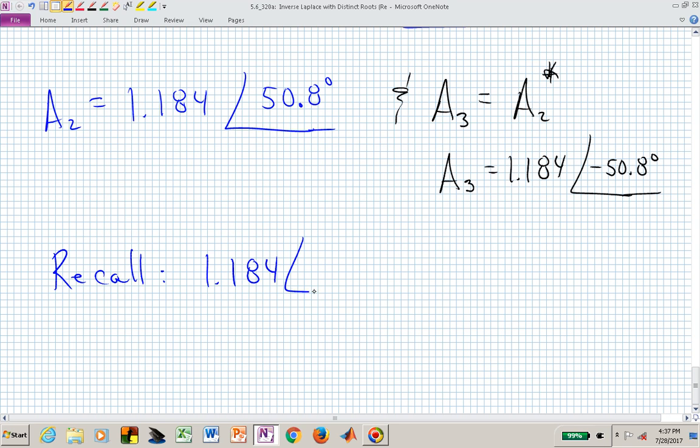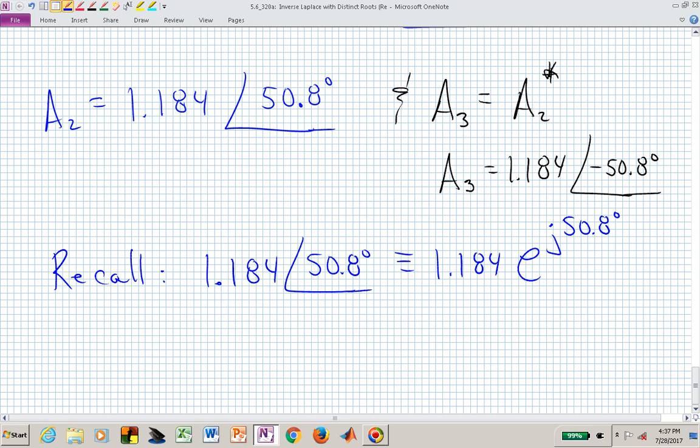Recall that a phasor or a complex number that has a magnitude of 1.2 at an angle of 50.8 degrees can also be written with the same magnitude, but now it's e to the j 50.8 degrees.